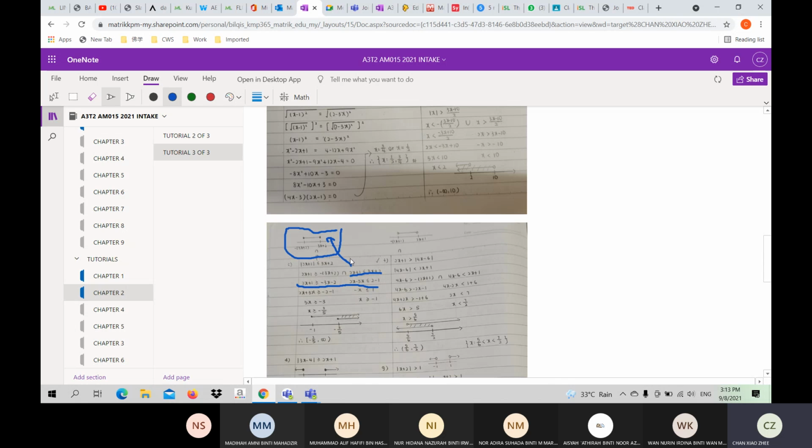Then we will get 2x minus 3x smaller than or equals to 2 minus 1. So 5x greater than or equal to negative 3. X will greater than or equals to minus 3 over 5. For the other one, 2x minus 3x smaller than or equals to 2 minus 1. Negative x smaller than or equals to 1. X greater than or equals to negative 1.